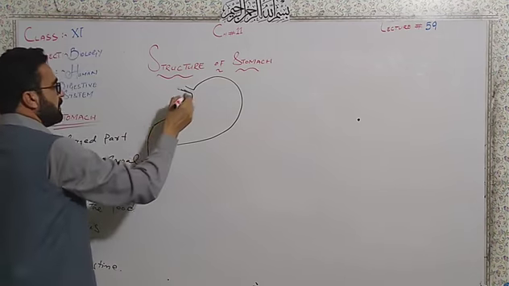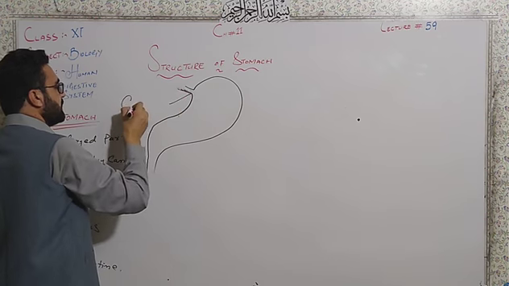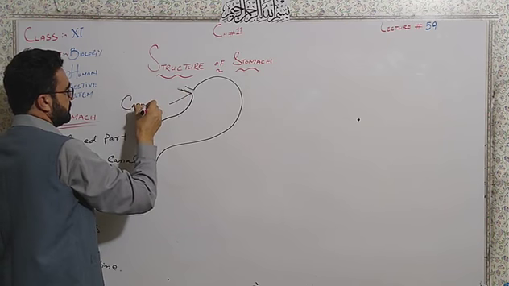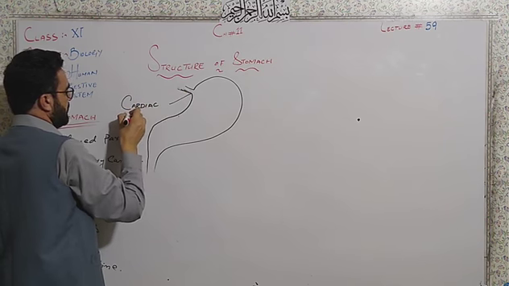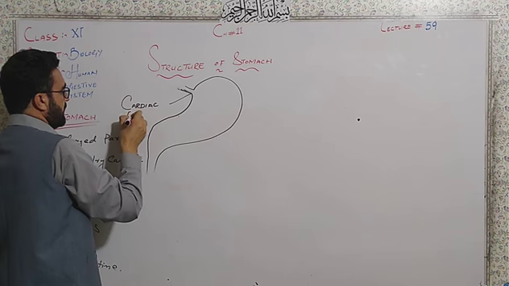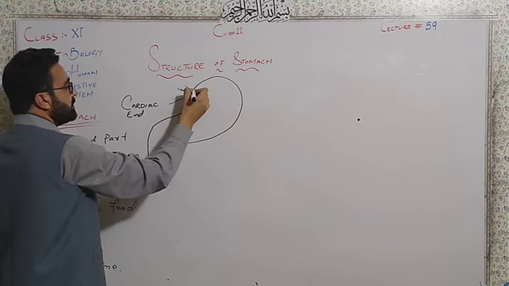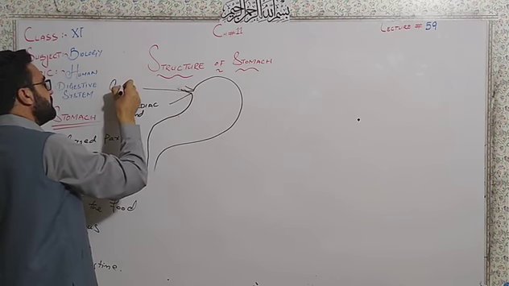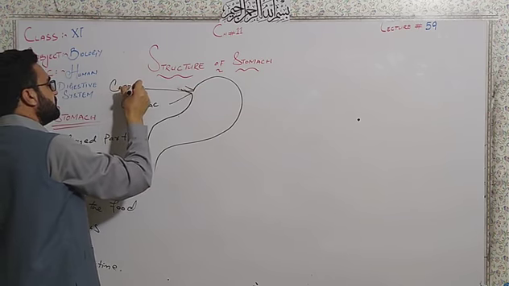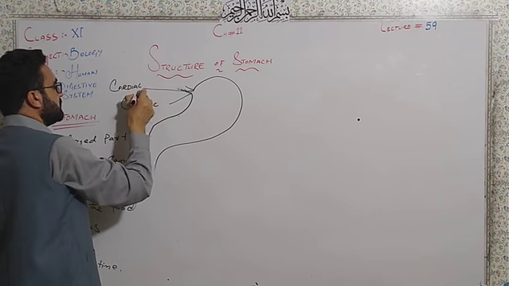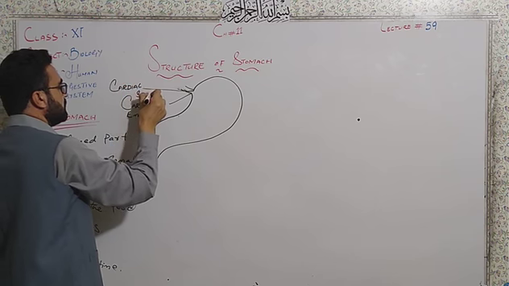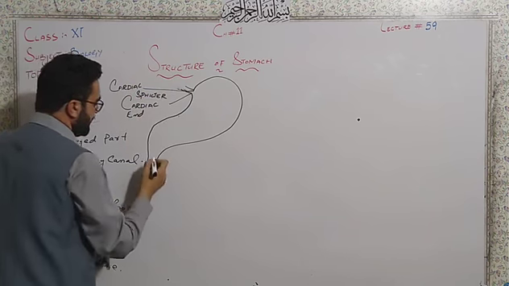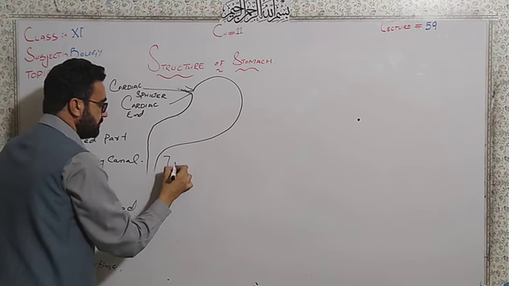This end is called the cardiac end. And here we have a sphincter, a wall, which is called the cardiac sphincter. And this end is called the pyloric end.